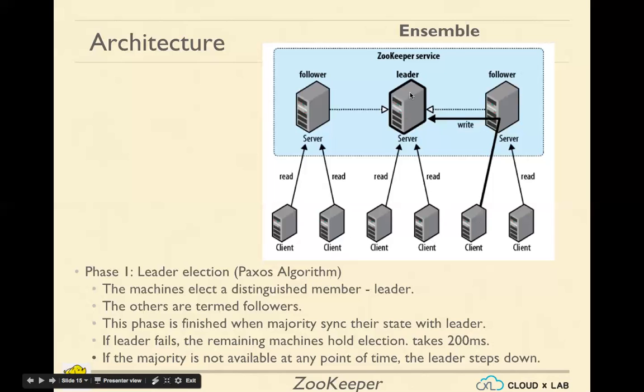Whoever is the leader will respond to the modification request. You can see the write request has been redirected by the follower to the leader. Now the leader and client will talk and modify the data. As soon as this modification happens, the leader will send out the new copy of the data to all the machines.